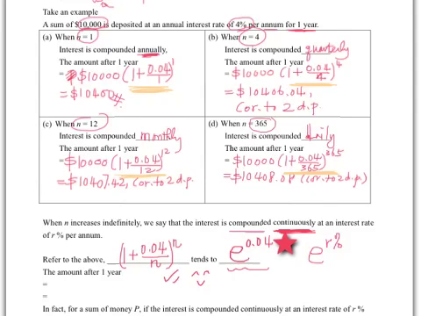Now, how about the amount after 1 year when t equals 1? The amount should be equal to P times 1 plus 0.04 over n, and then n becomes very great. This part becomes P e to the 0.04 in 1 year.